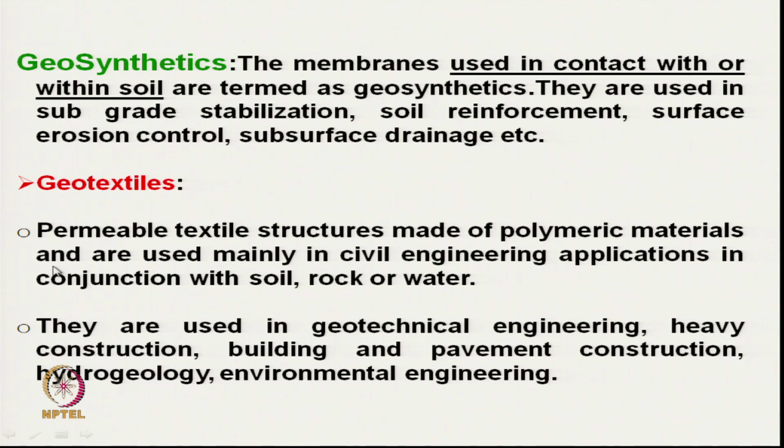If we use it in conjunction with soil, rock and water, then we can call this textile product a geotextile. They are used in geotechnical engineering, heavy construction, building and pavement construction, hydrology, environmental engineering. These are the various areas where geotextiles can be used.